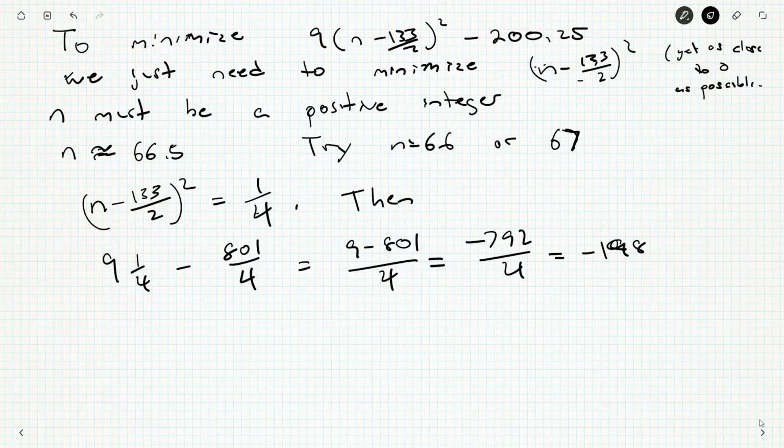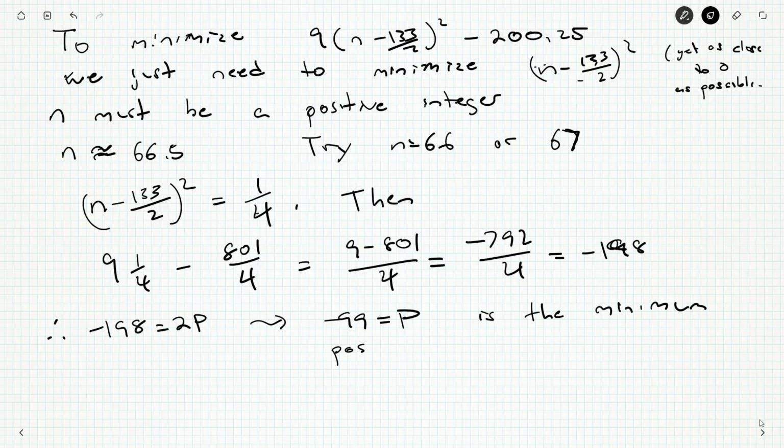Okay, so that tells me that negative 99 is equal to p, the minimum possible Hypatia sum.